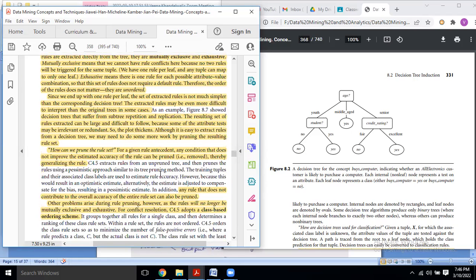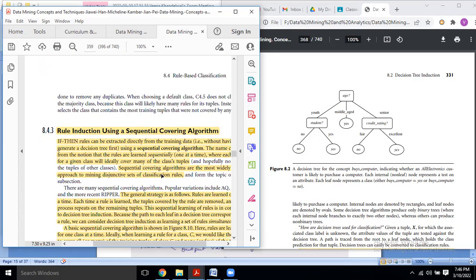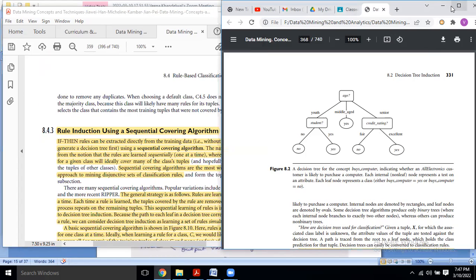So here we do not require any conflict resolution strategy when the rules are formed with the help of a decision tree. Now, the other method for rule writing, or rule induction, or rule-based classification, is based on the sequential covering algorithm. So let me first increase the size of the screen.